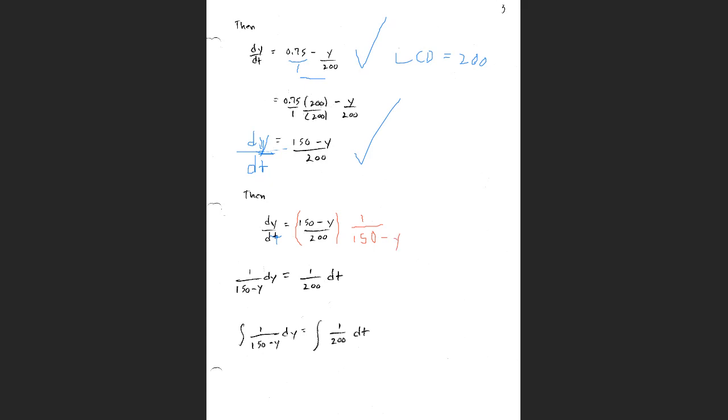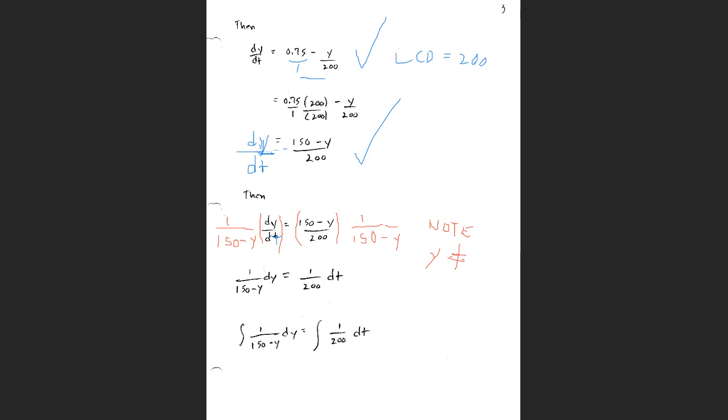I'm going to multiply both sides of the differential equation by 1 over 150 minus y. And we'll note here that y would never equal 150.